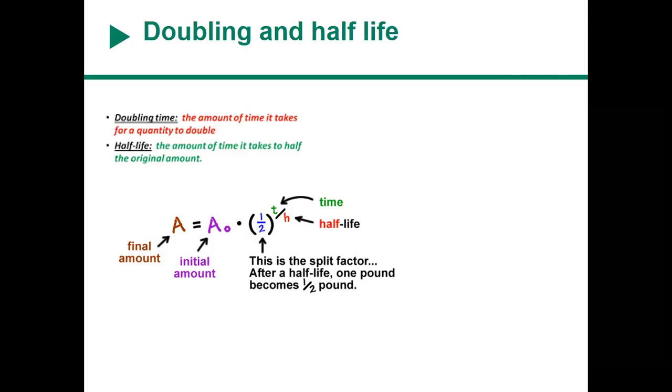This is our formula for half-life. Your A is your final amount, your A sub 0, your A naught, is your initial amount. The 1/2 lets us know this is the split factor after the half-life. And notice that the power is time over the half-life.